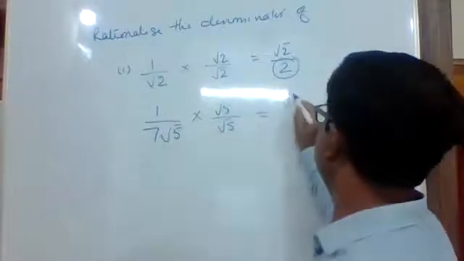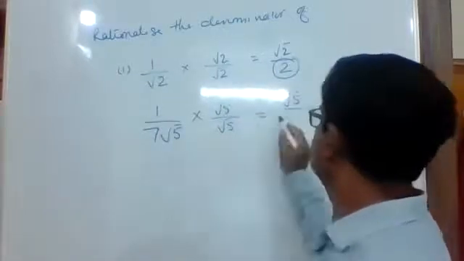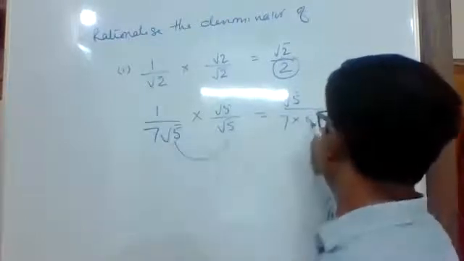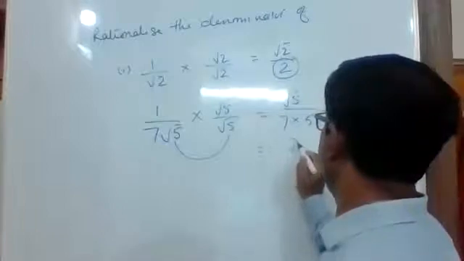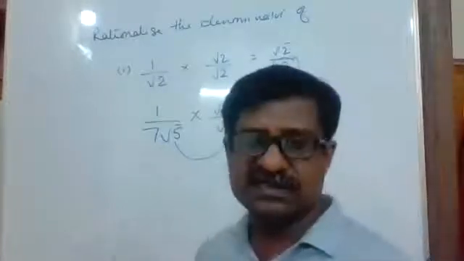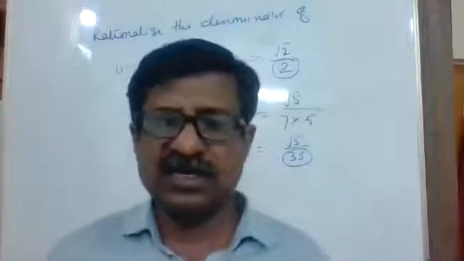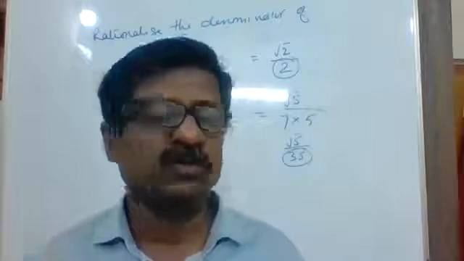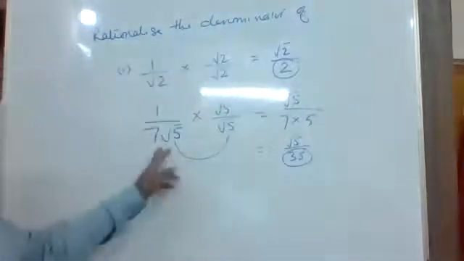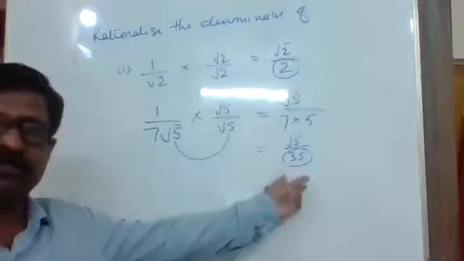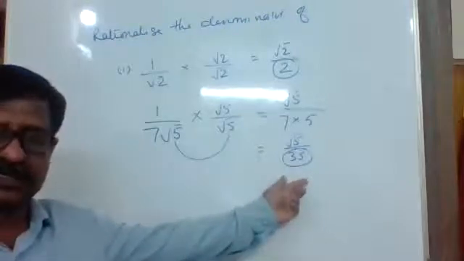1 into root 5 is root 5, and 7 we write as it is. Root 5 into root 5 is 5. That is root 5 upon 35. The denominator we got is 35, which is a rational number. So 1 upon 7 root 5 can be written as root 5 upon 35 with a rational denominator.